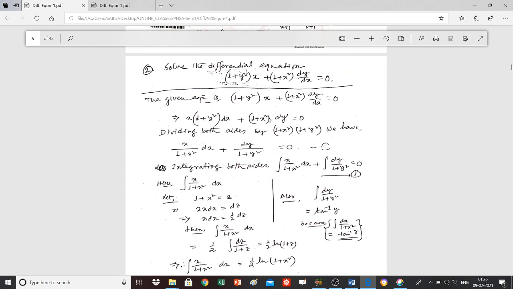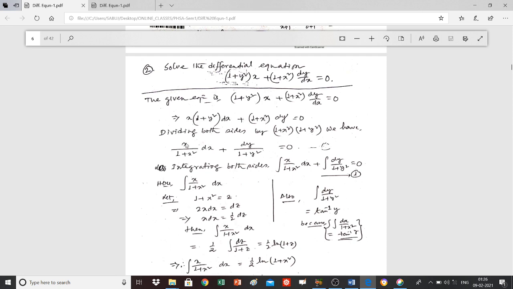It is worth mentioning that this equation is a separable equation, and from here you can write x into (1 plus y squared) dx. This dx is taken here, and (1 plus x squared) dy. Now divide both sides of this equation by (1 plus x squared) into (1 plus y squared).